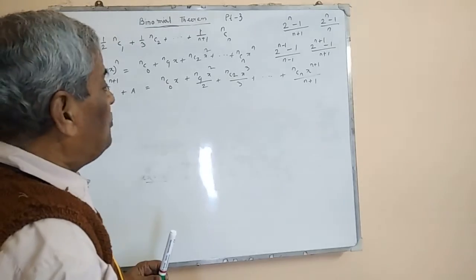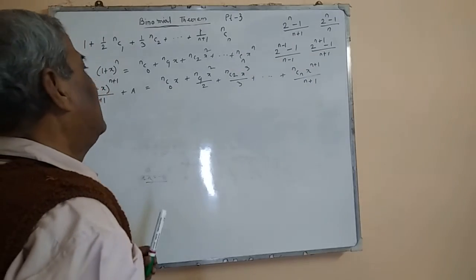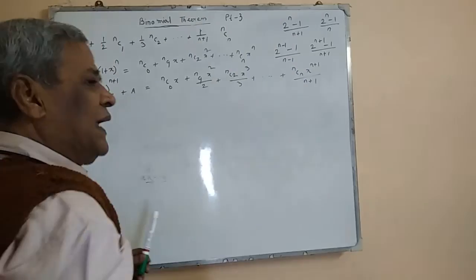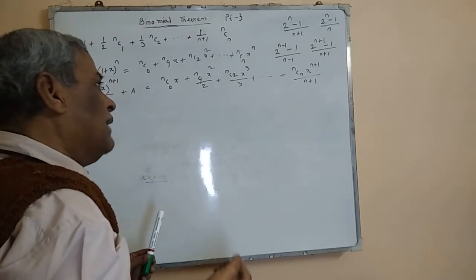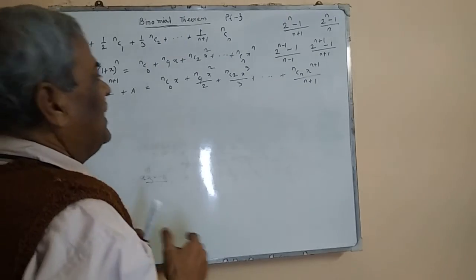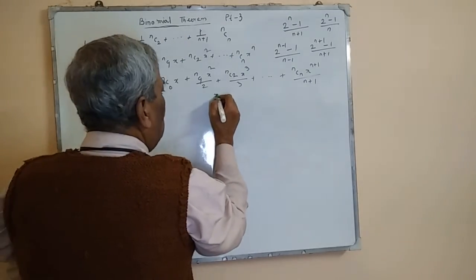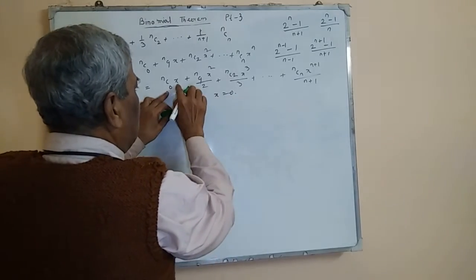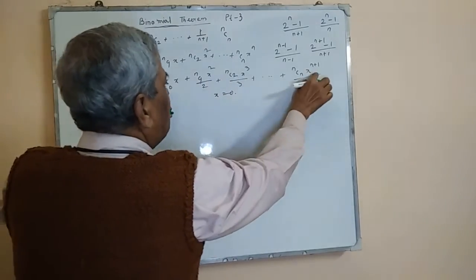First of all, we have to find the value of a. Because it is a formula, that is an identity, we can put any value of x on both sides. If we put x is equal to 0, calculation will be easy. If we put x is equal to 0, all terms are 0.